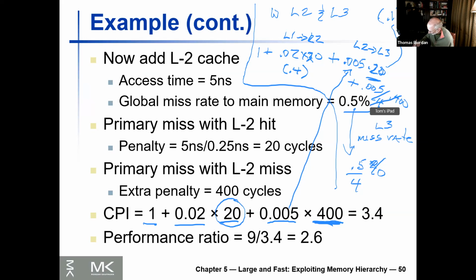So we get 0.005 times 100 times 100. And 0.005 times 100 is pretty straightforward. We just move over the decimal point two places. So we get 0.5. So this number is 0.5.